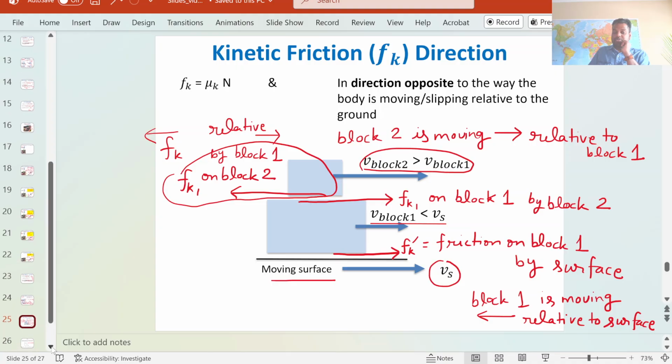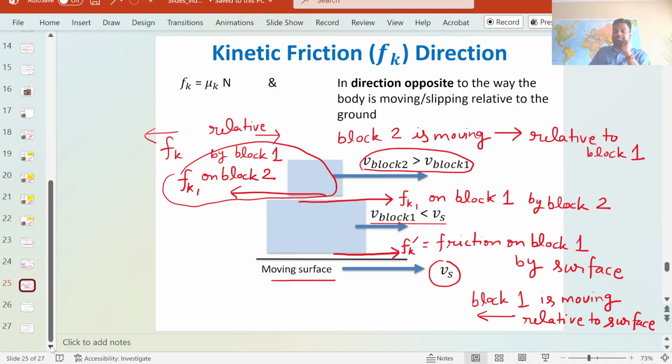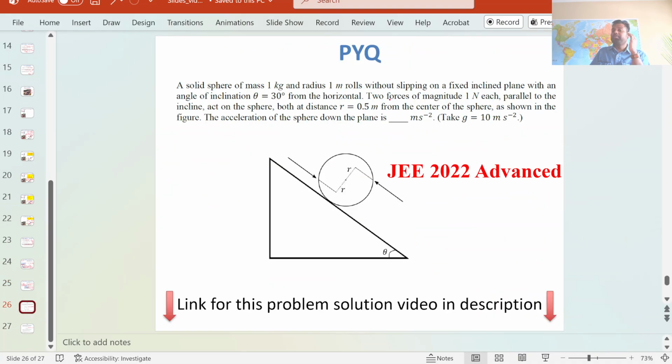So we talked about static friction and kinetic friction. Now let us look at some past year questions. This is from JEE 2022 Advanced. In this problem, you have a solid sphere, radius and mass are given. The question says it rolls without slipping. There is no slipping, that means the friction will be static friction.